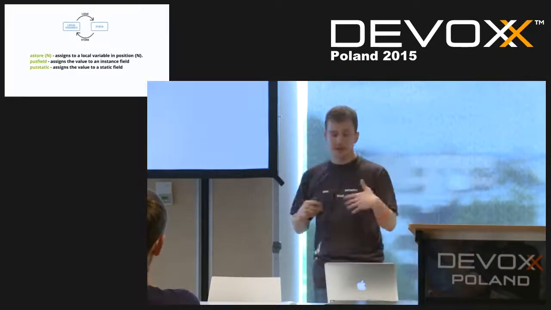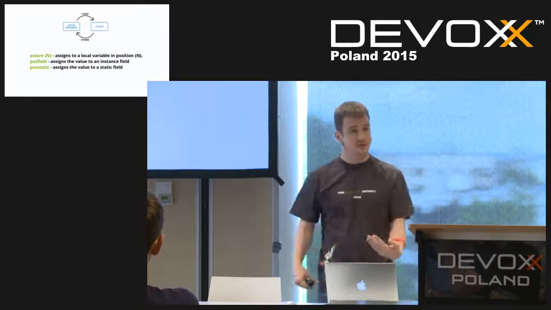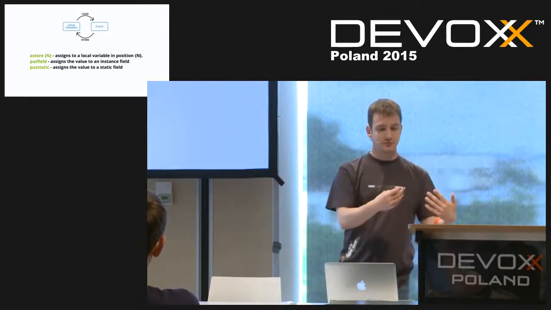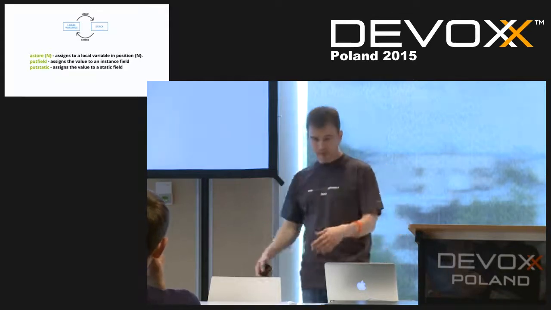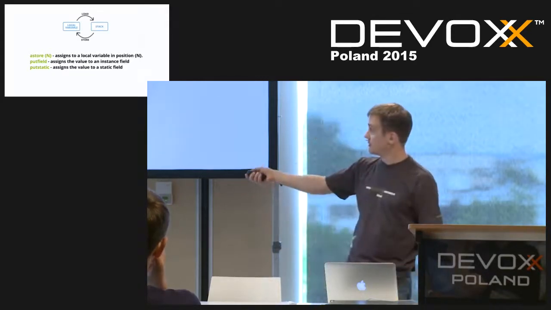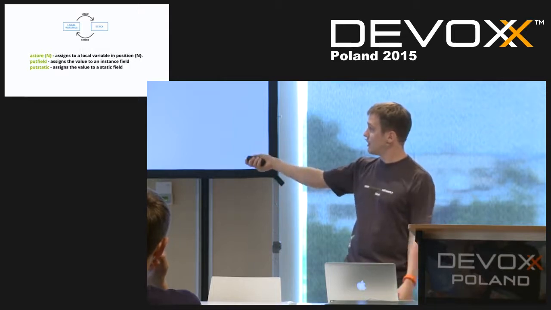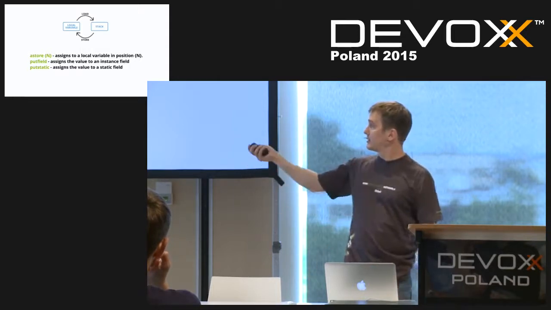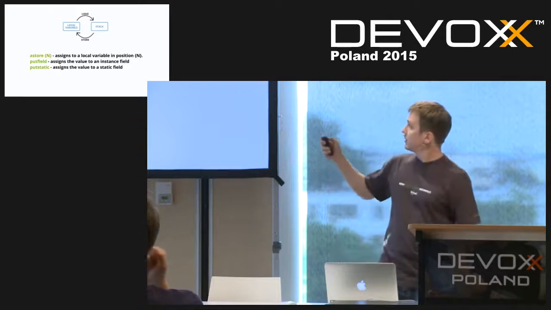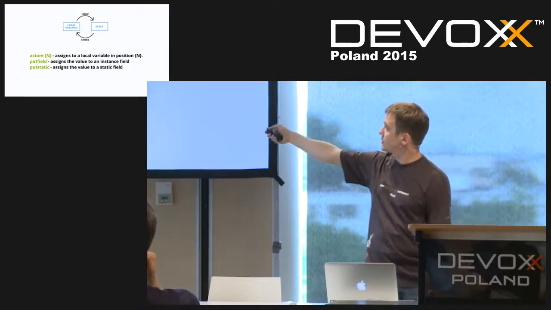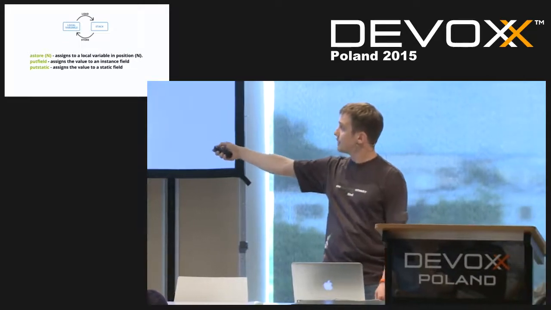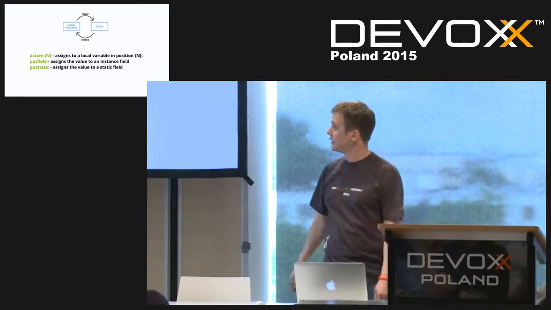If we work on object references, the prefix of the instruction will be A. So the instruction that looks like A store with some parameter takes the top of the stack, takes the value from the stack and stores it into a local variable by the index n.